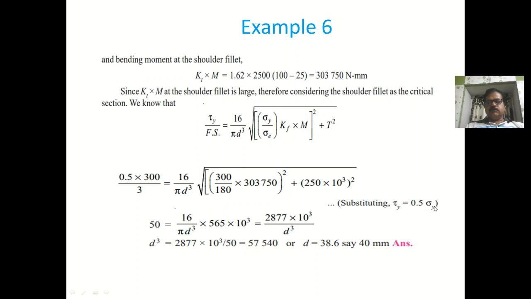The relation between the yield point in the normal direction and the yield point in shear is 50%, so that is 300 into 0.5 divided by the factor of safety. Now we calculate the diameter of the shaft as 38.6, and the nearest standard value is 40 mm.